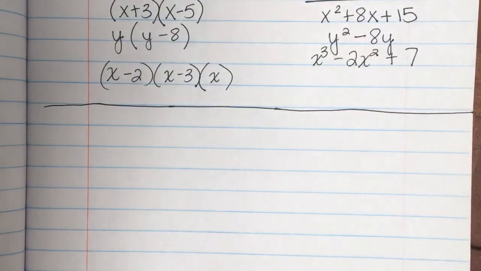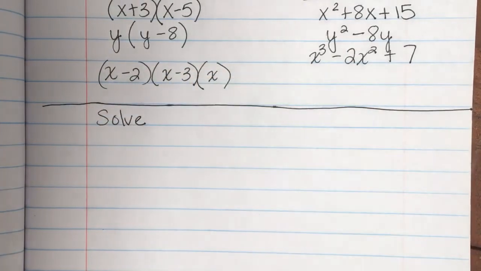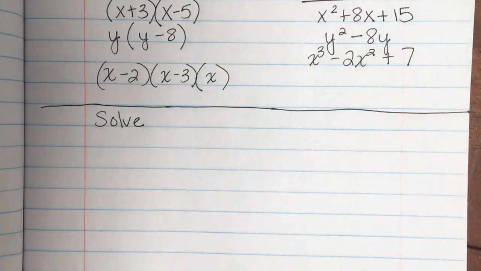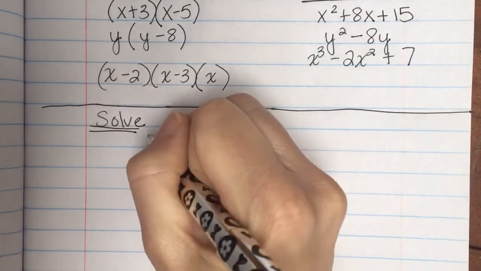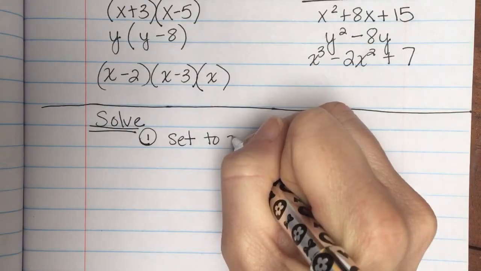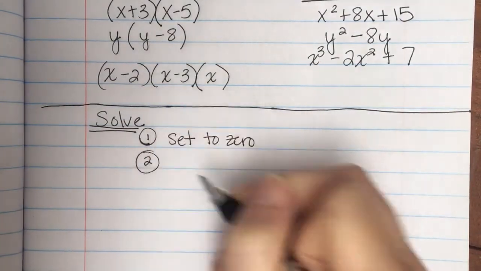Next, we talked about solving. And that's the reason why we want something in factored form, because when we solve, your steps are: one, set your equation to 0. And if it's not set to 0, get it to equal 0.